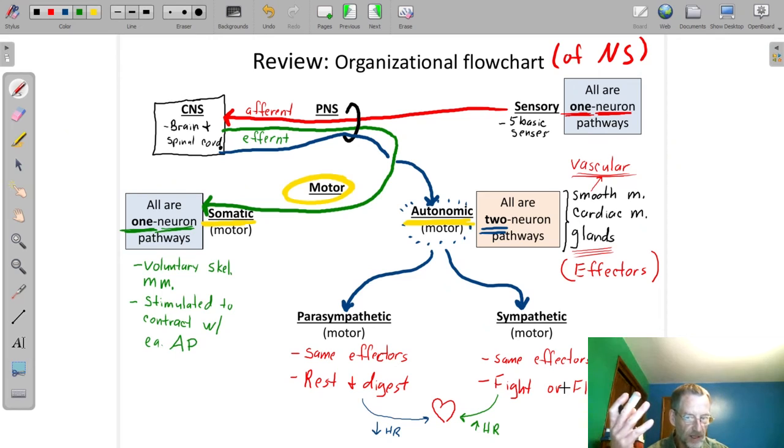If the sympathetic neurons to the salivary glands dominate because we're scared, we're in a stressful, fight or flight situation, what's going to be the response on the salivary glands? It's typically the opposite of the parasympathetic. So you'd wind up with a dry mouth, less salivation.